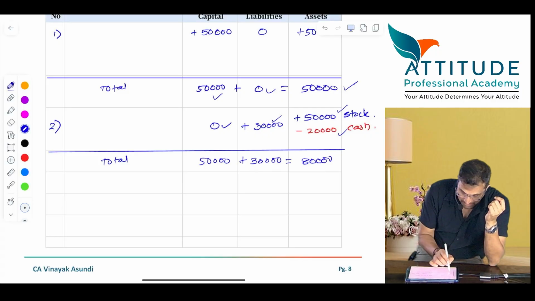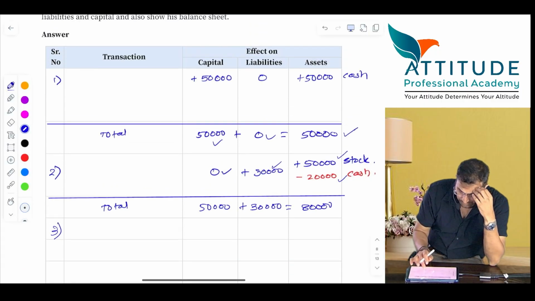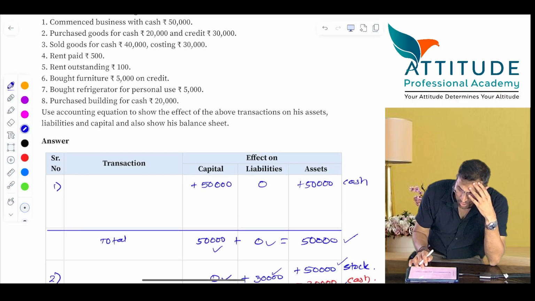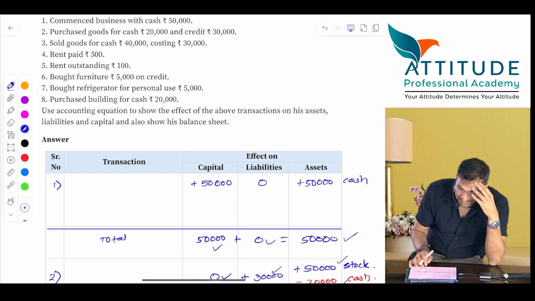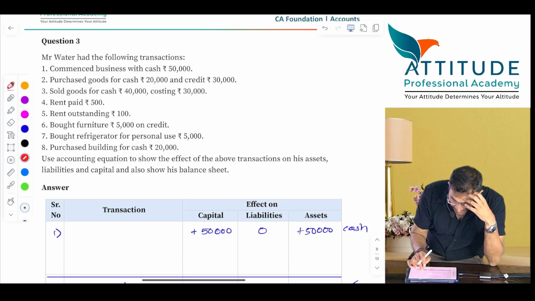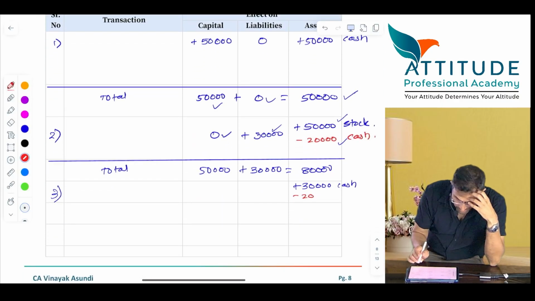Yes. Third one. Sold goods for cash costing 30,000. Tell me. Plus 30,000. Cash increases, agreed? And stock reduces by how much? 40. Okay, sorry.